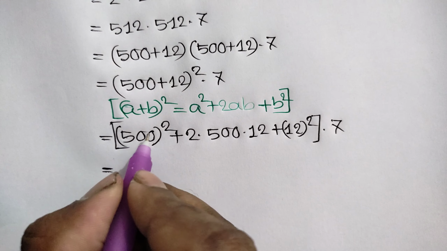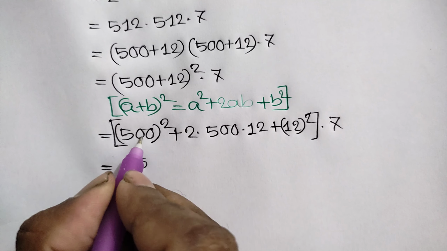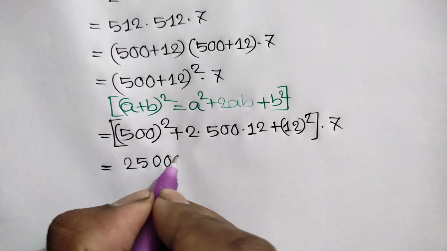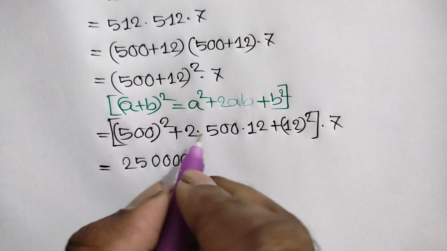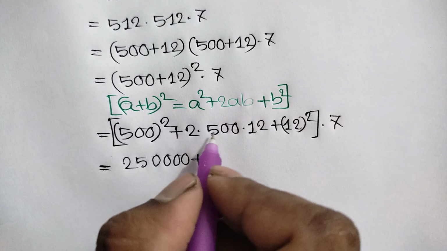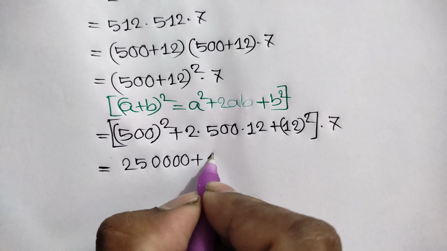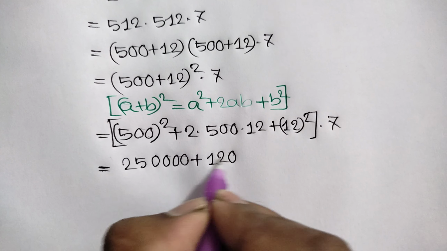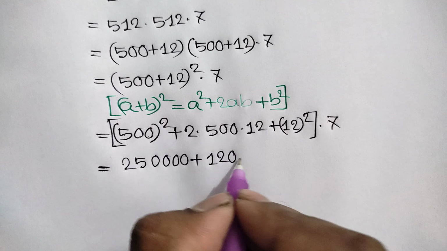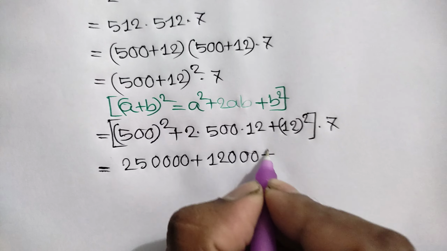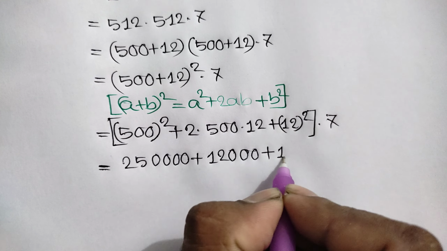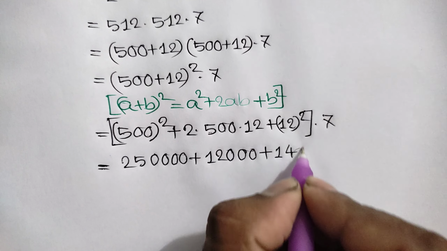Now 5 times 5 is 25, with 4 zeros. Plus 2 times 5 is 10, 10 plus 12 is 120 with these 2 zeros. Plus 12 squared is 144.